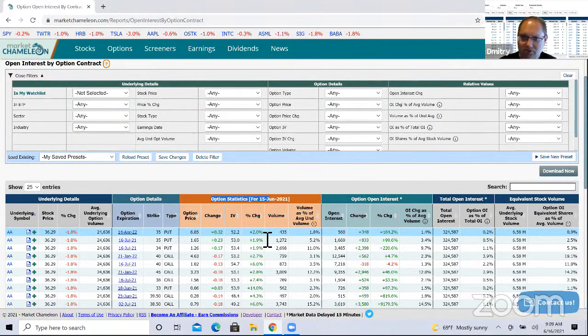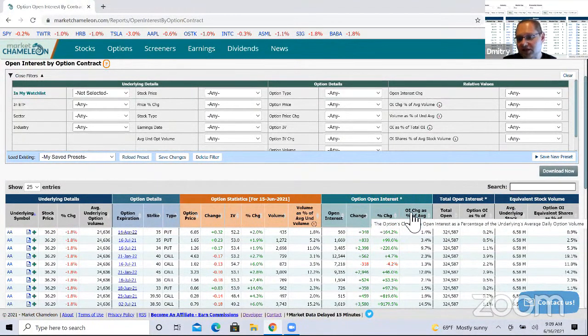Open interest, right? These 3 bins here are looking at open interest statistics. Open interest only gets reported once a day, in the morning before the market opens. It's based on end-of-day settled trades, taking into consideration any exercises, assignments, splits, etc. Those get reconciled overnight by the Options Clearing Corporation, and we get that data the next business day in the morning.